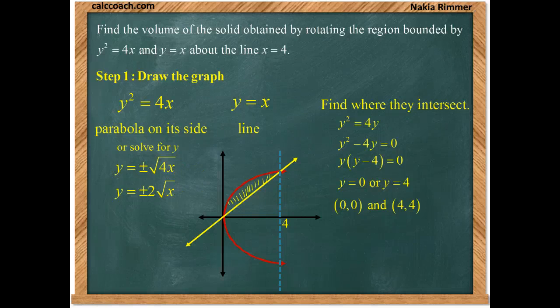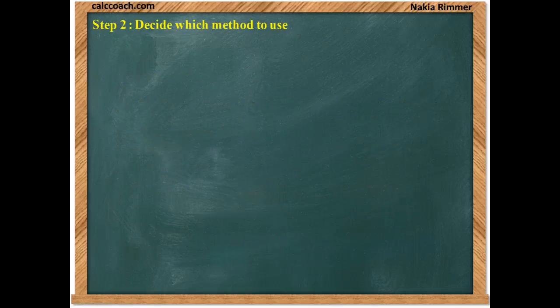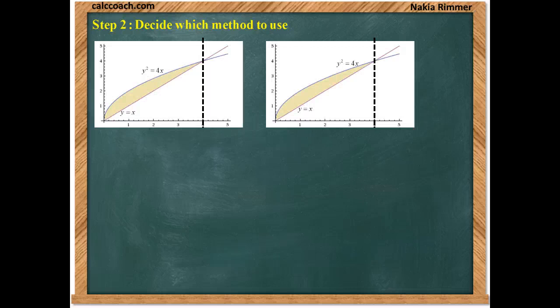The second step is to figure out which method to use. To do this, we have two computer generated graphs, and we want to figure out, should we do it with shell or with disk or washer. When you draw a rectangle that's parallel to the axis of rotation, that's going to be shell.